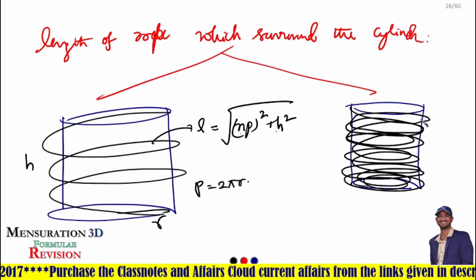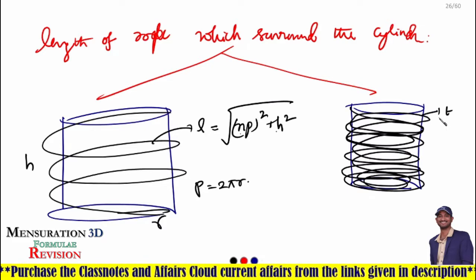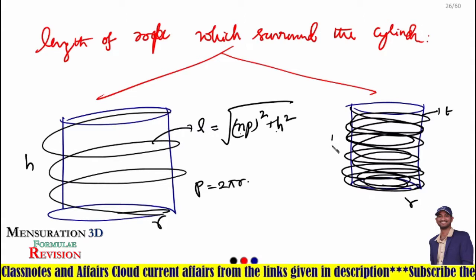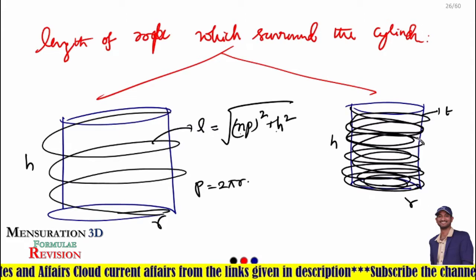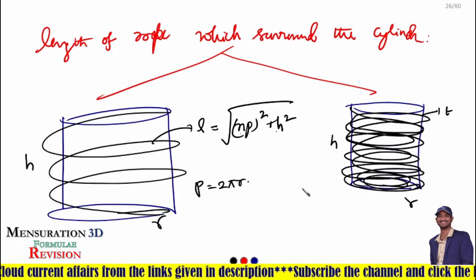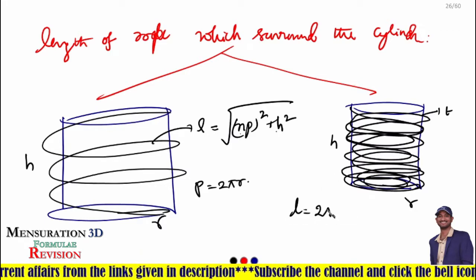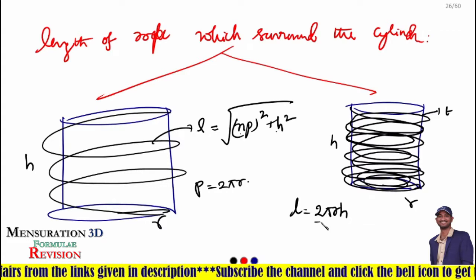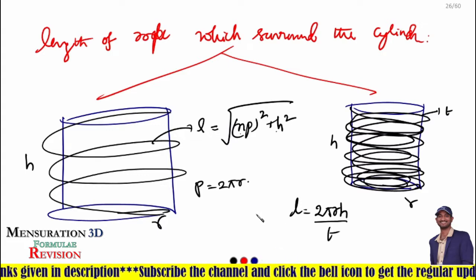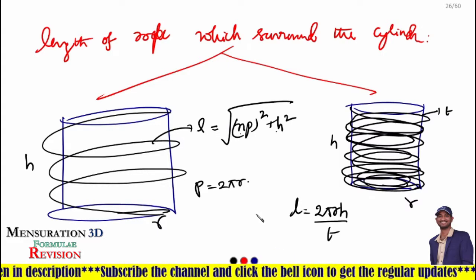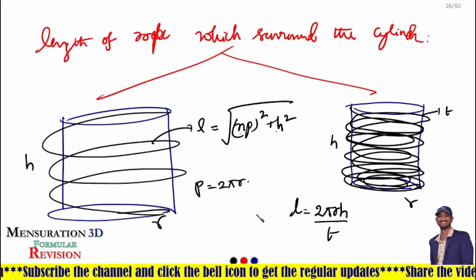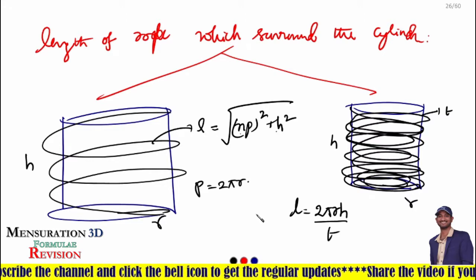If a rope of thickness T covers the cylinder of radius r and height h such that the cylinder is completely invisible like this, then length of the rope is equal to 2 pi rh, that is the curved surface area of the cylinder, by thickness. These are the two models important in case of finding the length of the rope.